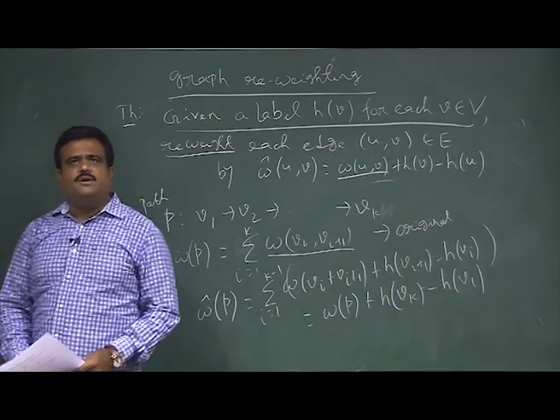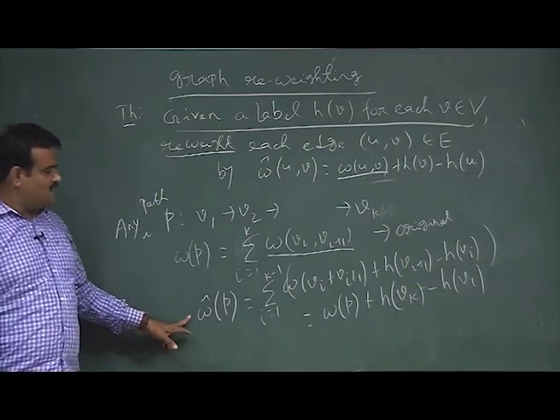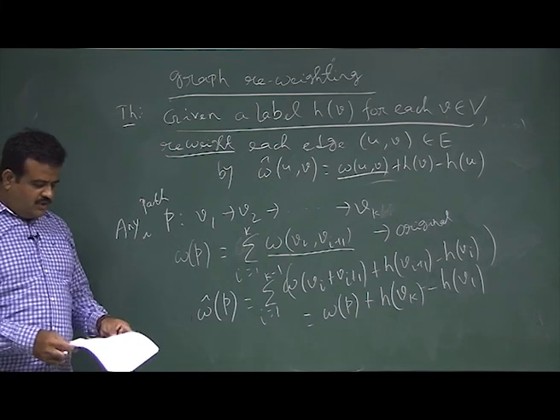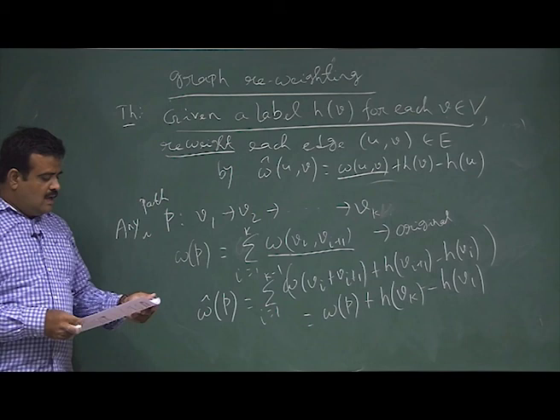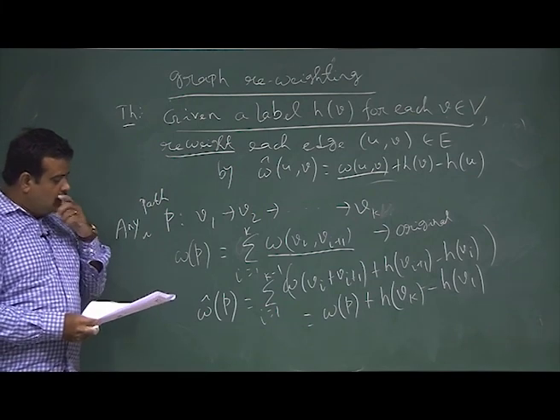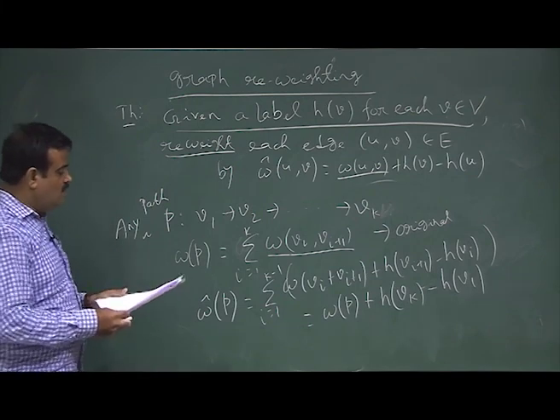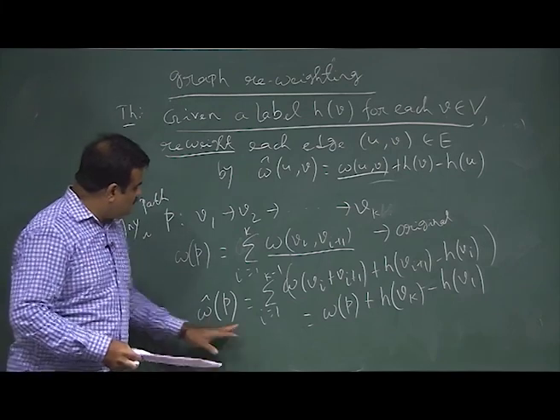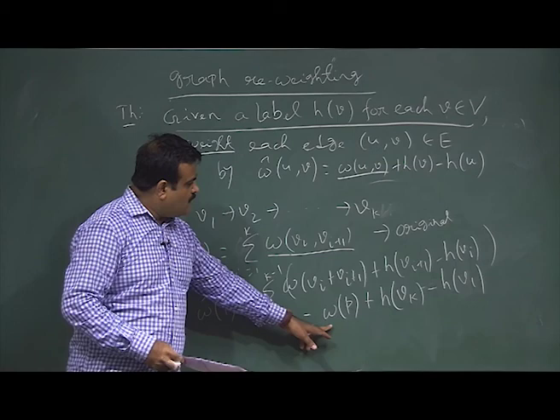Now, we want the weight of each path, there should not be any negative cycle. So we want the weight of each path to be positive. So that means we want to choose the labeling. This is the new path, so the new path will depend on this.